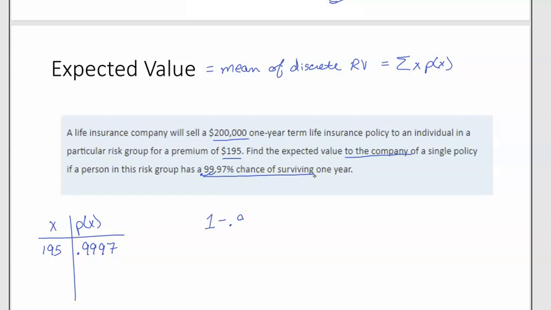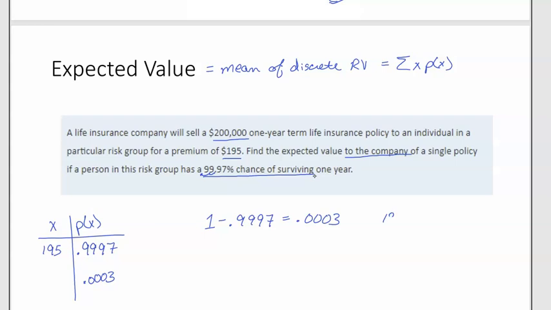Now, if this person dies during this year, the probability that that's going to happen is 1 minus 0.9997, which is 0.0003. But what are they going to have to pay out? Well, it's a $200,000 policy, but I'm thinking about this in terms of the company.